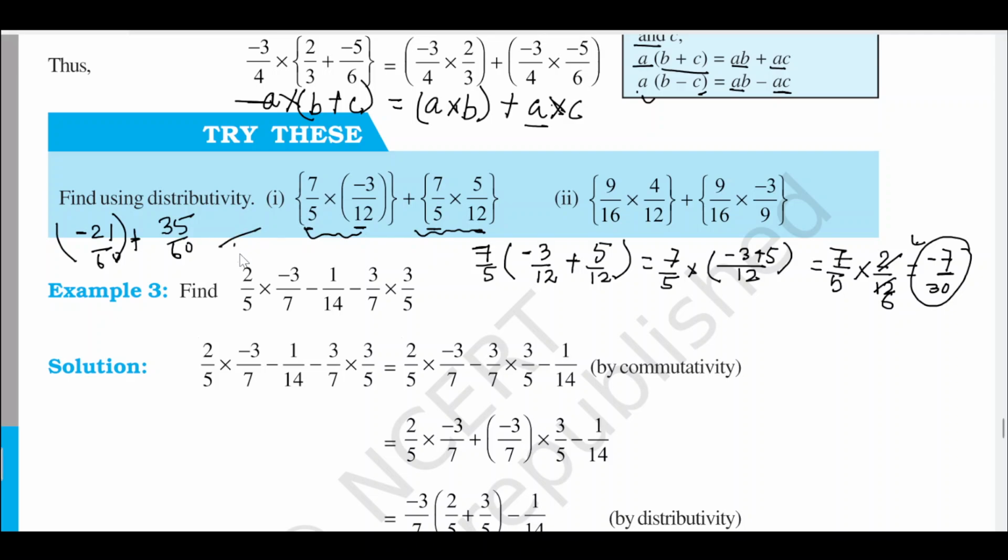We get the common LCM 60: minus 21 plus 35, that is 35 minus 21.